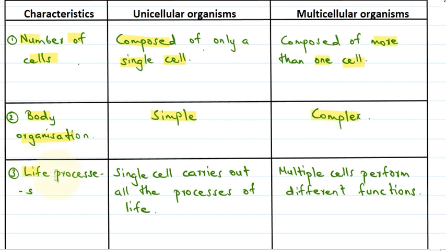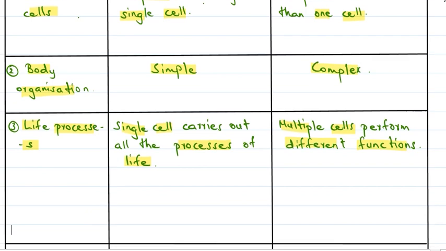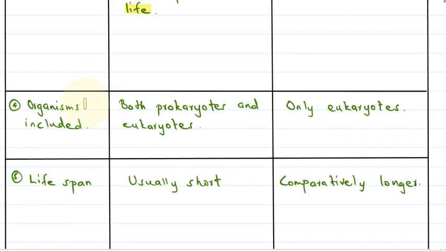Then we saw how life processes are performed in these organisms. So in unicellular organisms a single cell carries out all the processes of life, whereas in multicellular organisms there are multiple cells that perform different functions. Okay, so then we talked about the organisms that are included in these categories.